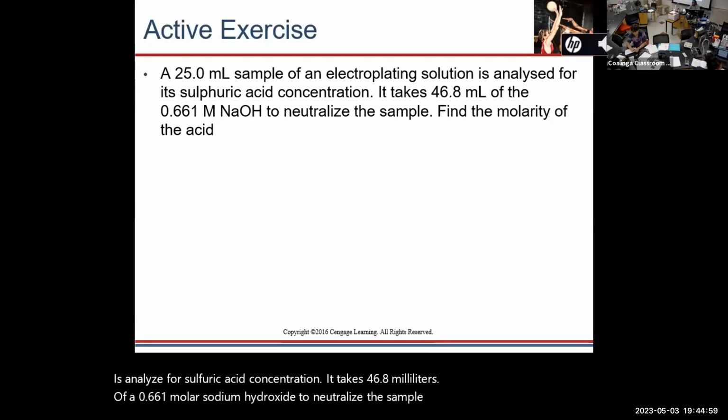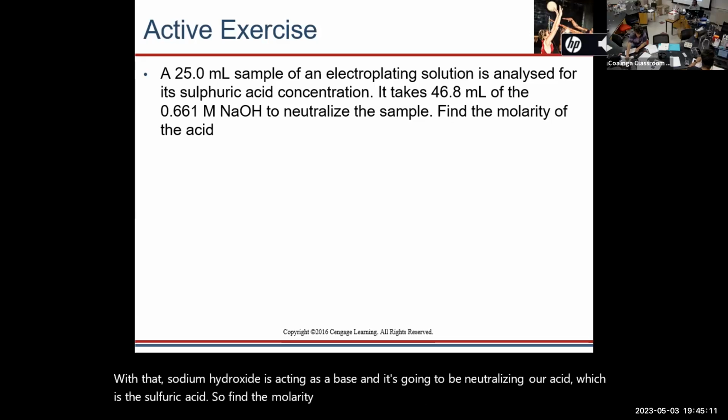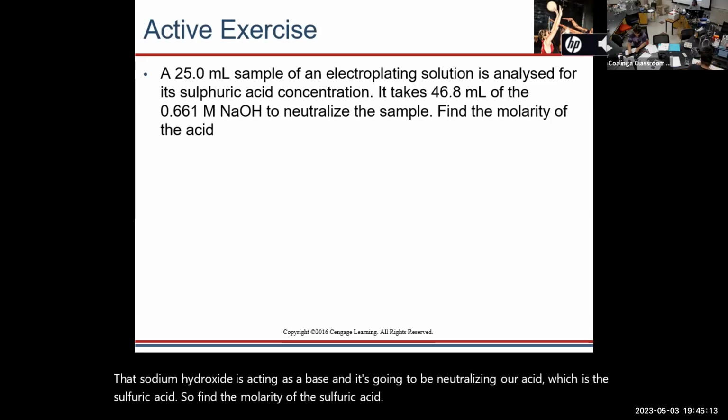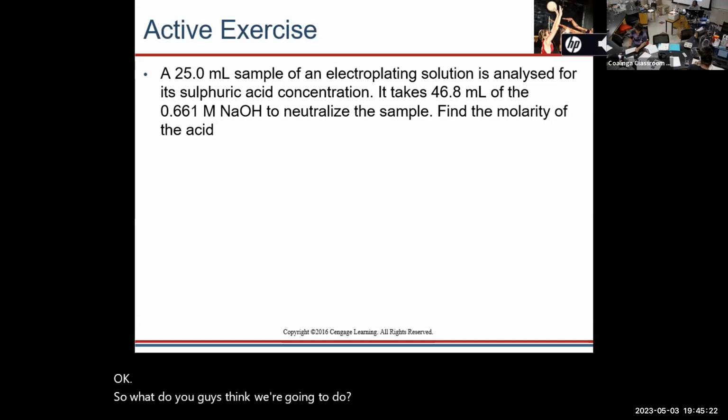So we know that sodium hydroxide is acting as a base, and it's going to be neutralizing our acid, which is sulfuric acid. So find the molarity of the sulfuric acid. Okay. So what do you guys think we're going to do? Any guess?